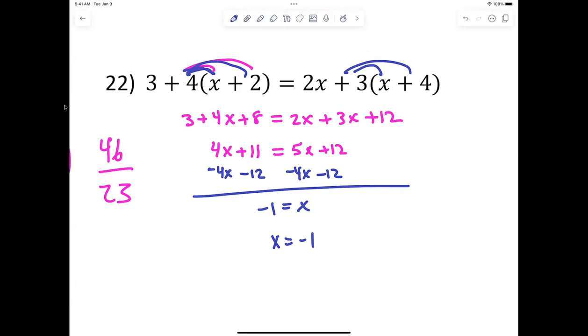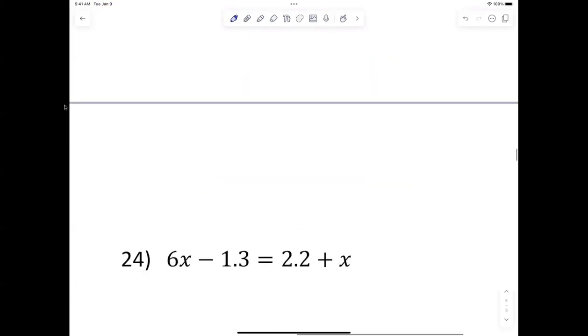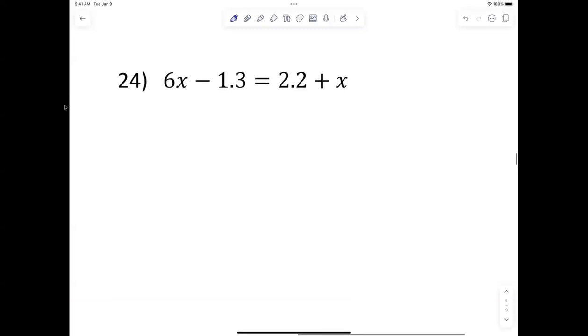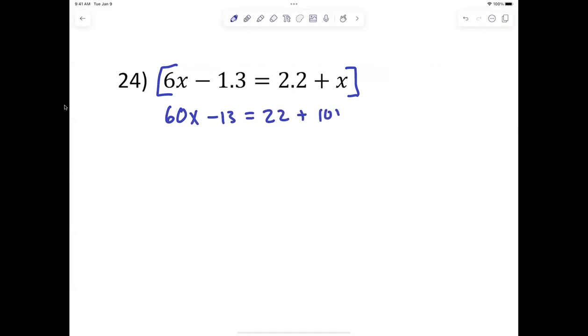Okay, let's do 24. Now I can multiply everything through by what again? 10. 60x minus 13 equals 22 plus 10x. Everybody okay with that? Anybody have any issues? Okay, subtract 10x.